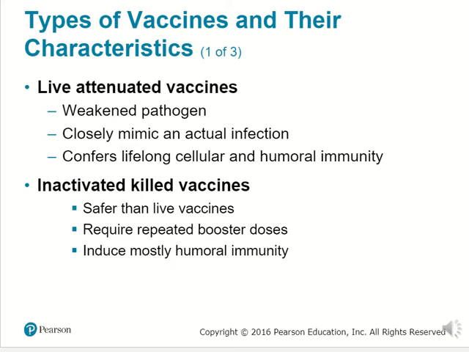So even if it's weakened, it may eventually replicate and mutate into a virulent or infectious form again. Whereas killed vaccines no longer pose the danger of becoming a virulent form.